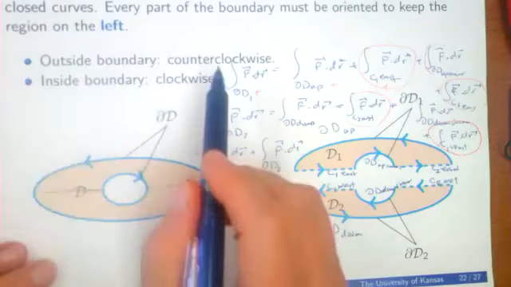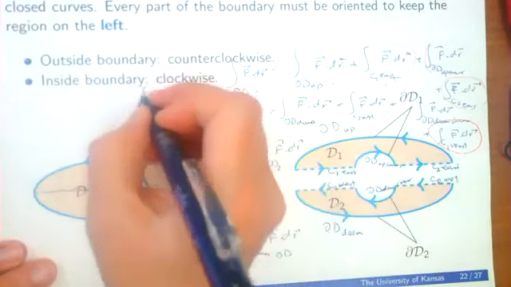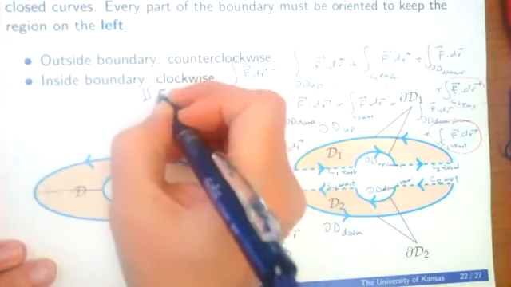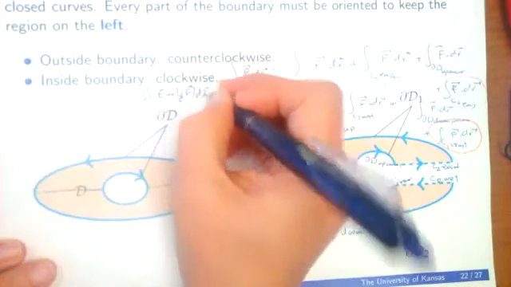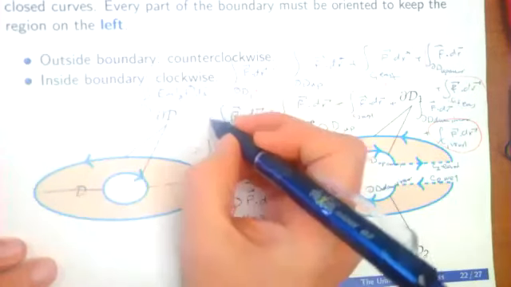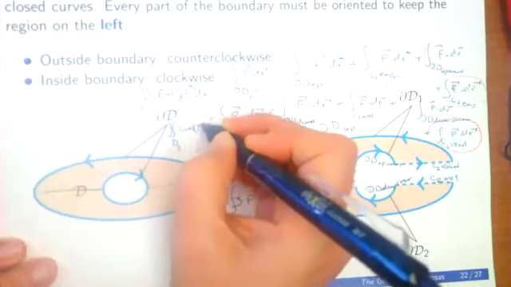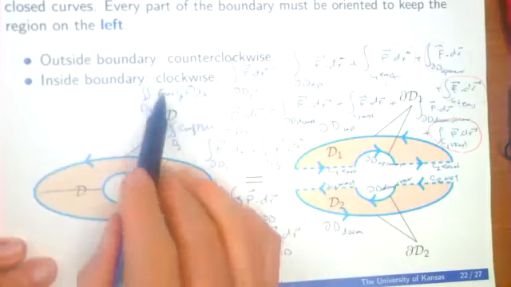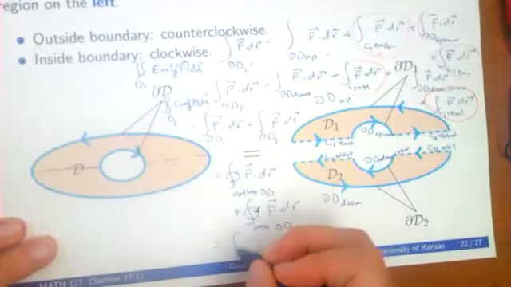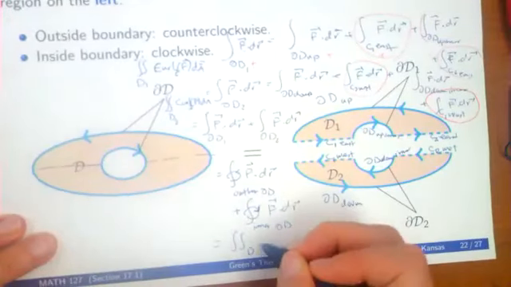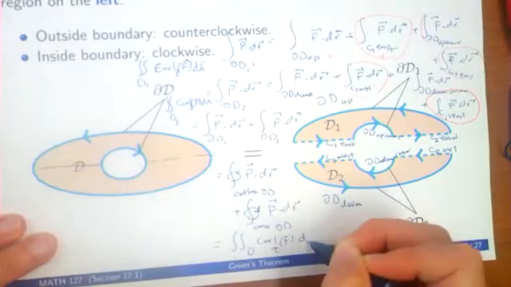And remember, according to Green's theorem, the first one of these was the double integral of curl F, z direction, dA on D1. The second one was the same thing on D2. So the sum of these two is going to add up also to the double integral on the region D of curl of F, z direction, dA.